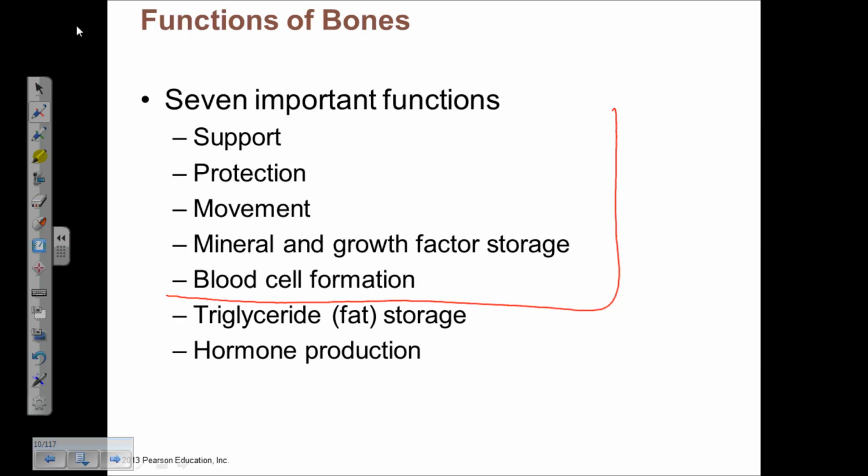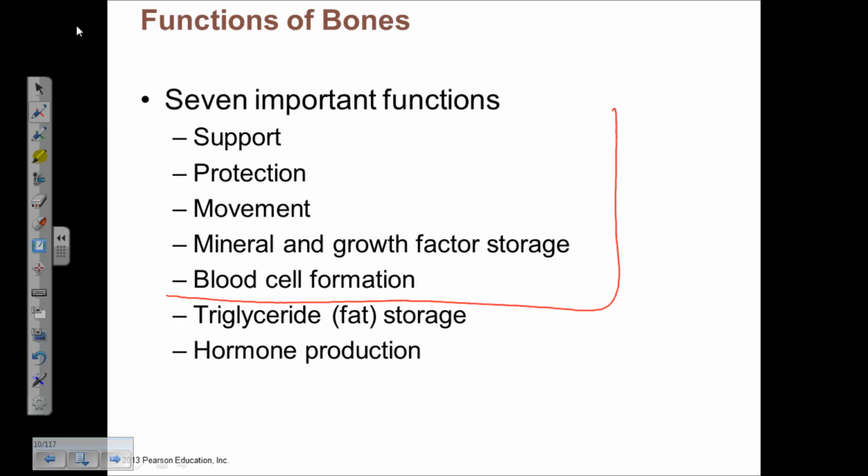Formation of blood cells occurs in the red bone marrow, which is in the bones. Virtually all blood cells that are in your blood were formed in the red bone marrow. In kids, it's almost all the bones. In adults, it's flat bones and the heads of humerus and femur.